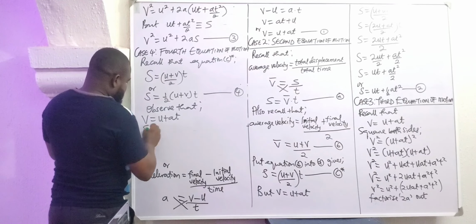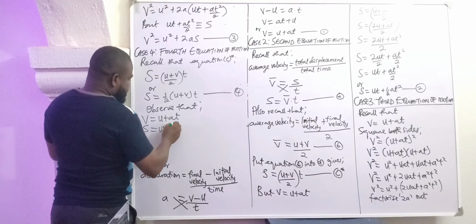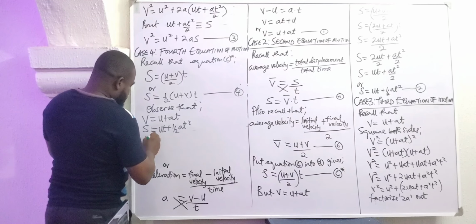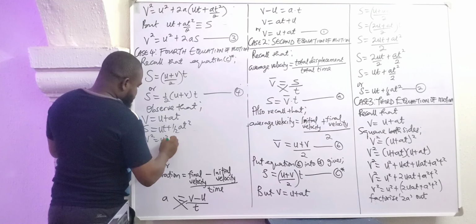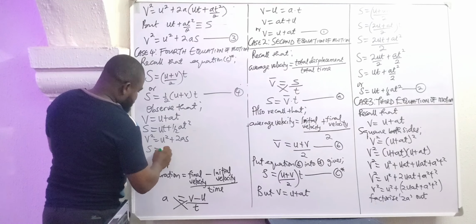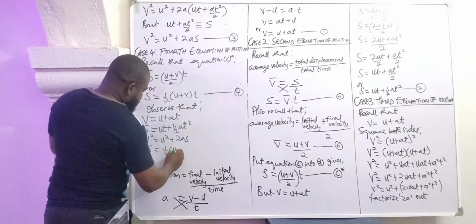Equation 2, S is equals to UT plus half AT squared. Equation 3, V squared is equals to U squared plus 2AS. Equation 4, S is equals to half bracket U plus V times T.